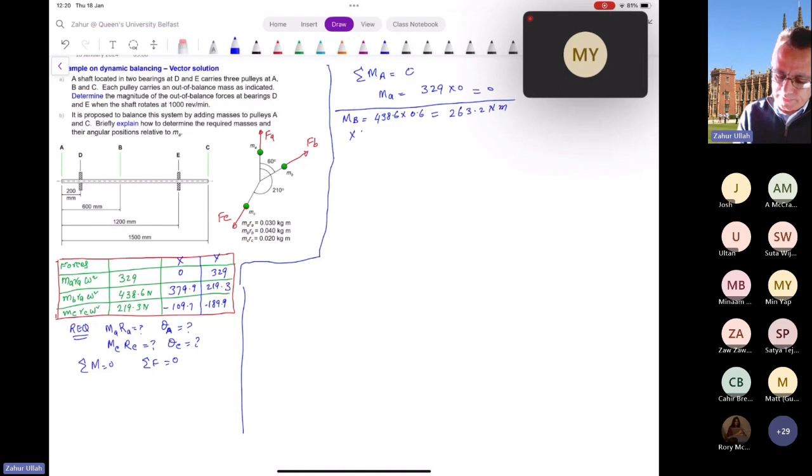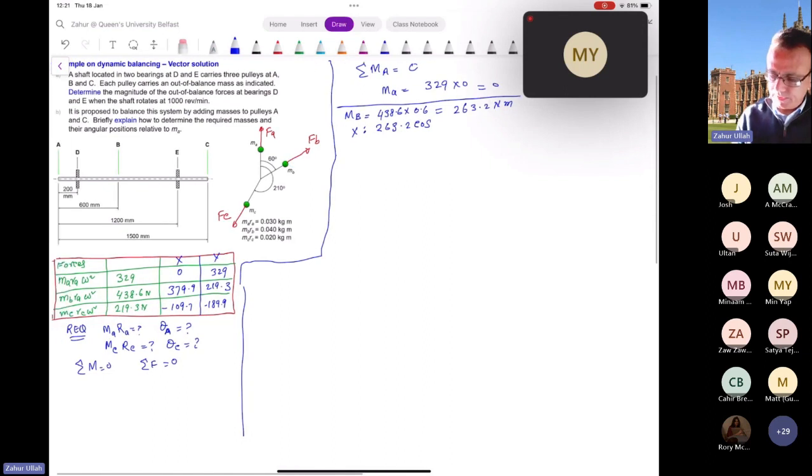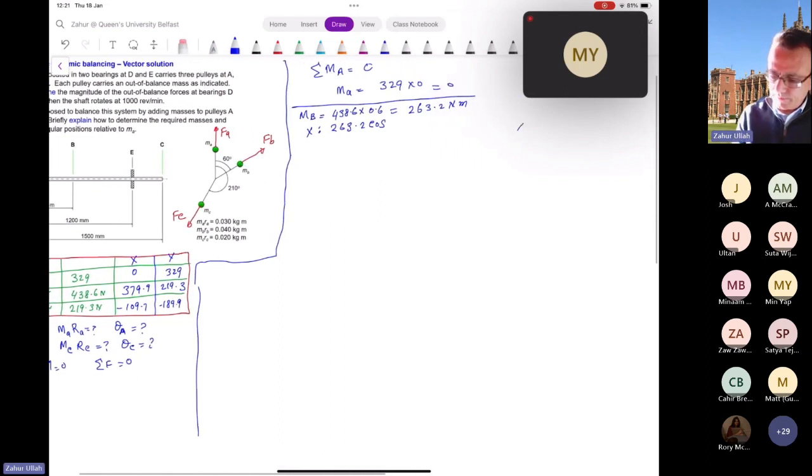And now you can calculate its X and Y component similar to the previous case. So the X component will be 263.2 cos of... if you see the force here, the moments will be in the same direction. If you draw the moment, it will be something like this. So this angle is 30, and you can calculate its X and Y component.